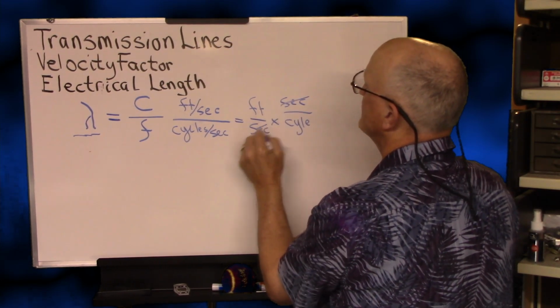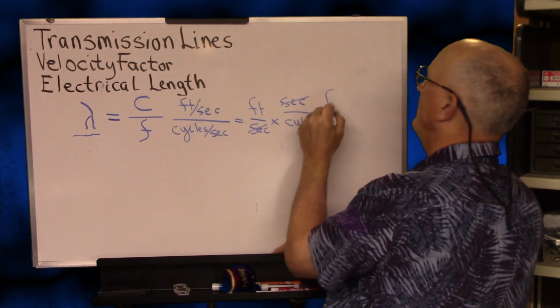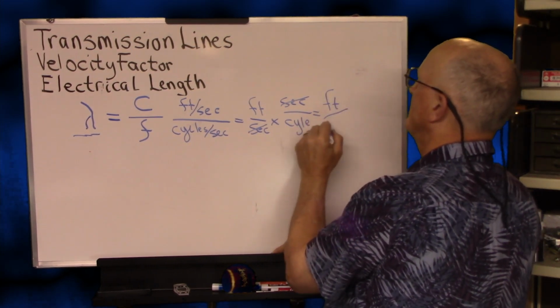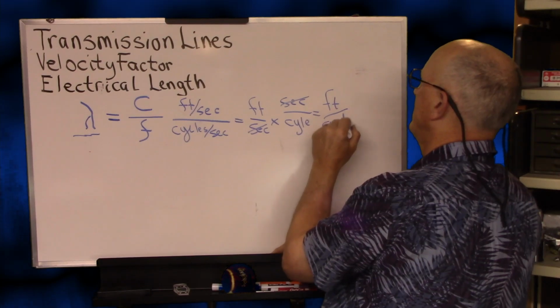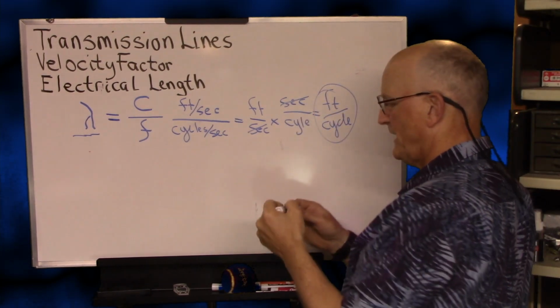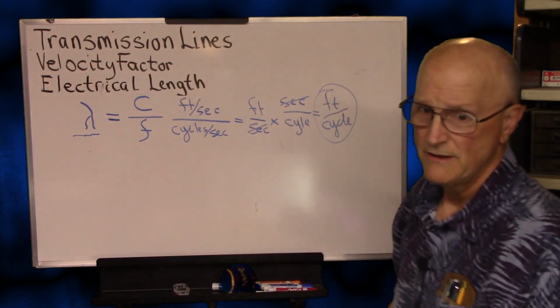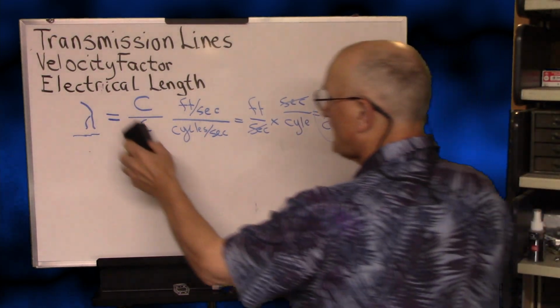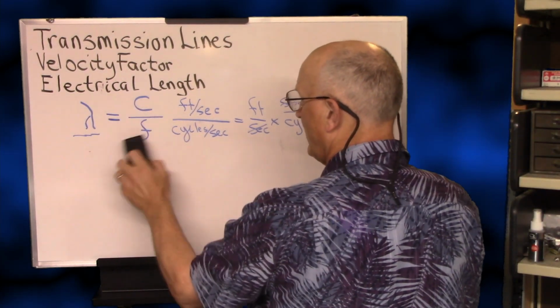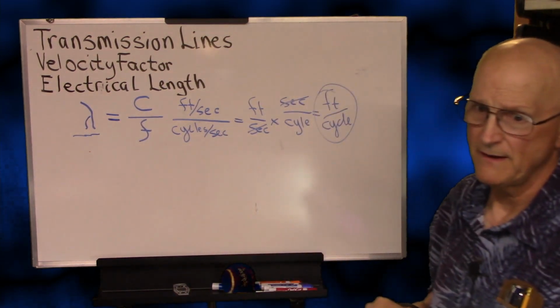You see the seconds go out, and we end up with feet per cycle, which gives us the wavelength. Now, this is the speed of light, that's the frequency.